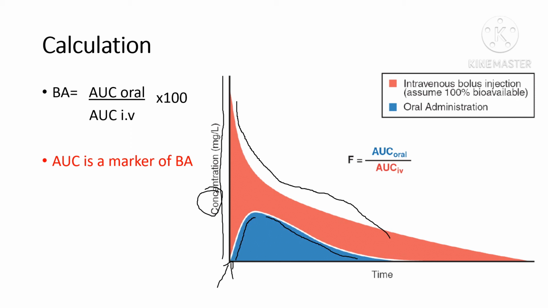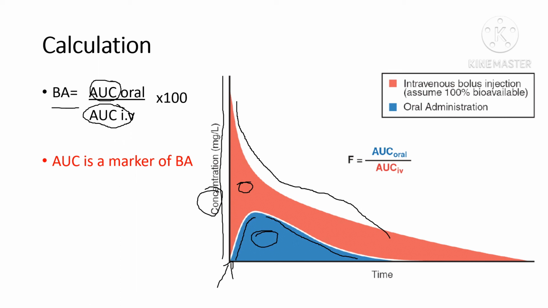If you take the area under the curve for oral drug, see it is represented by the blue region here, and compare it with the area under the curve for IV administration, which is represented by the red region here, you can determine the bioavailability. So the equation is bioavailability equals area under the curve oral, which is generally the smaller number, divided by area under the curve IV, which is generally the bigger number, times 100.